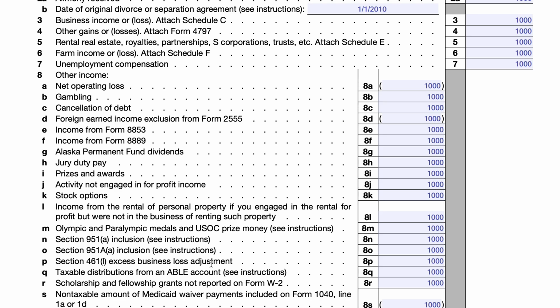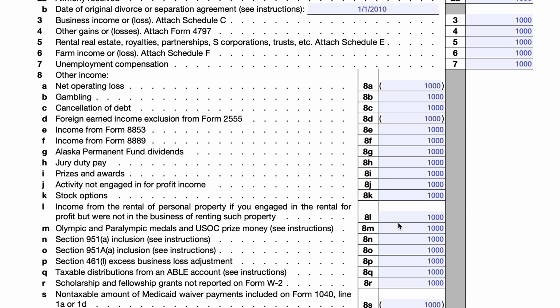And this is the global intangible low-taxed income known as GILTI tax. So that corresponds to IRS Form 8992. Again, it either doesn't apply to you at all or it does apply, and you would be entering amounts from IRS Form 8992. Each of those forms that we're mentioning here will tell you exactly which part of that form you're reporting onto Schedule 1. And so you can just look up that form.